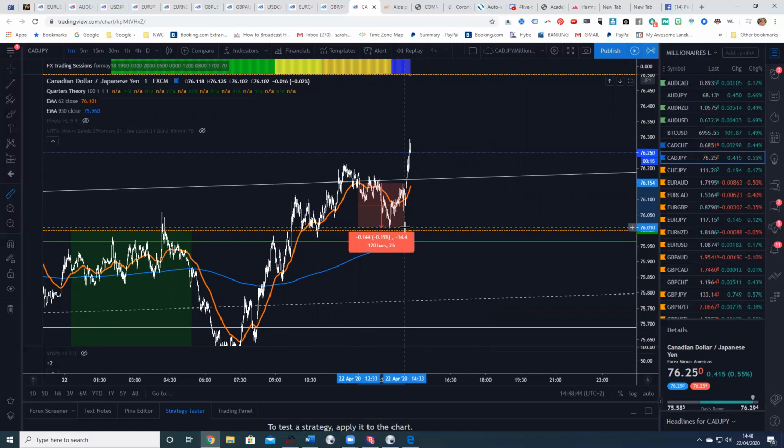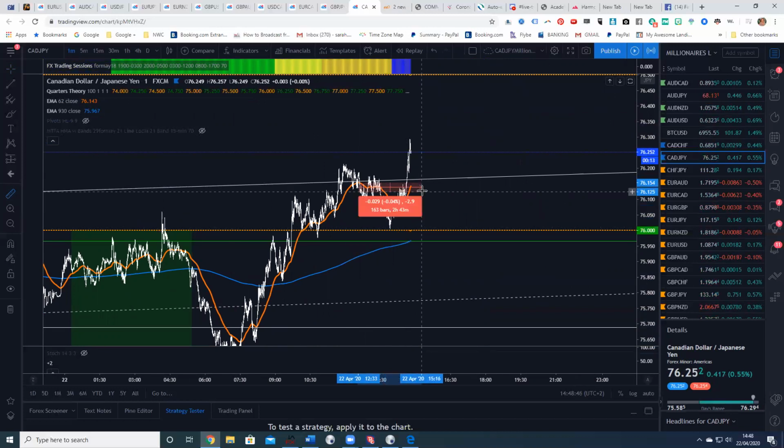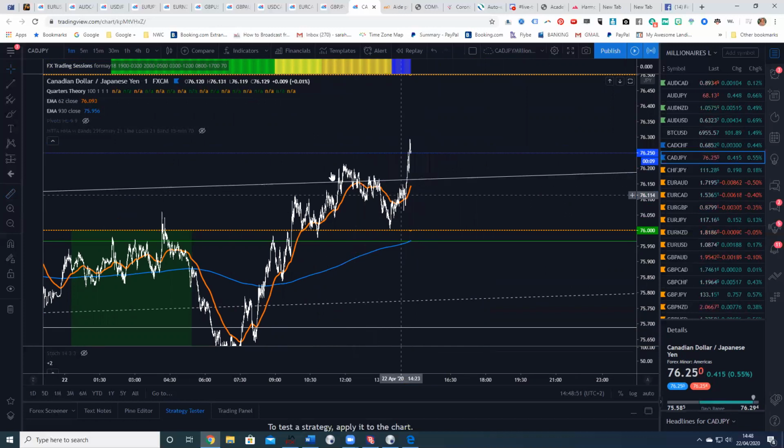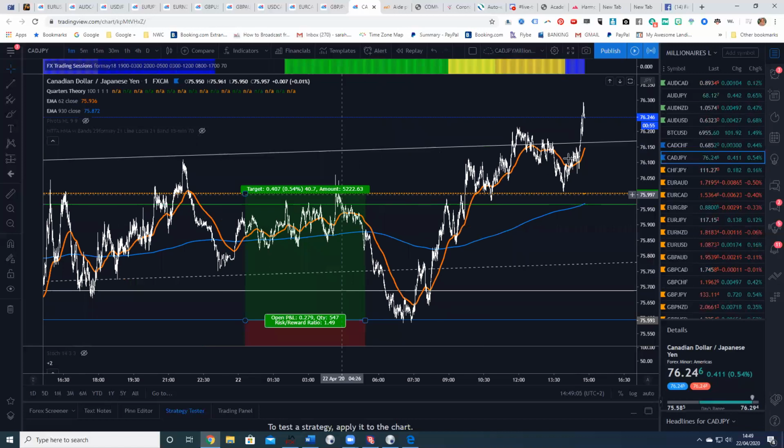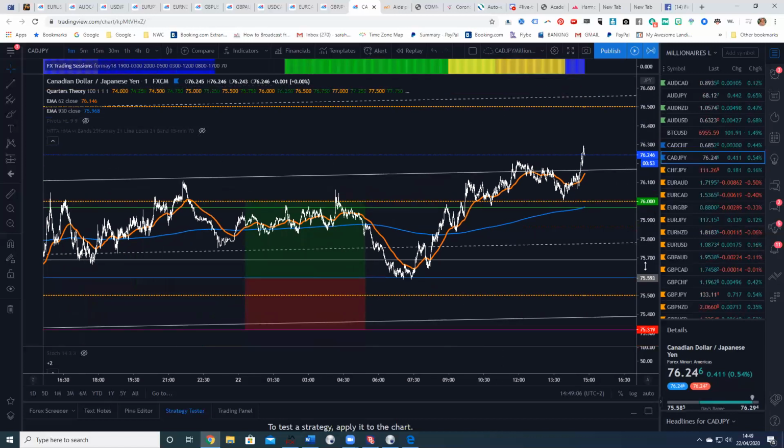So you're going to be sitting in it another 2 hours before you start to see it climb up again. So you have to decide how long you want to put alerts on or sit and look at trades, or do you just bag your 45 pips, get out, and then come back in again at another level? You know, it's really up to you, depending on whether you like to sit in trades or not.